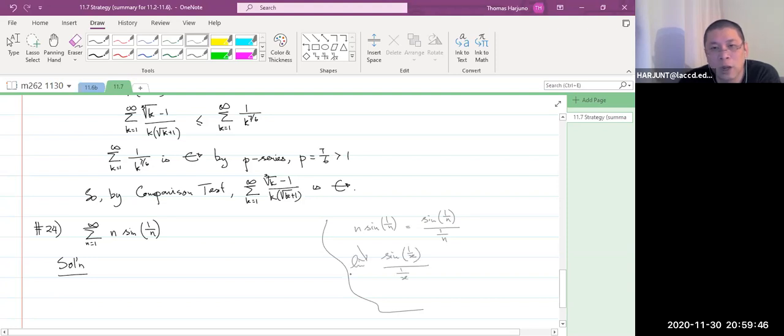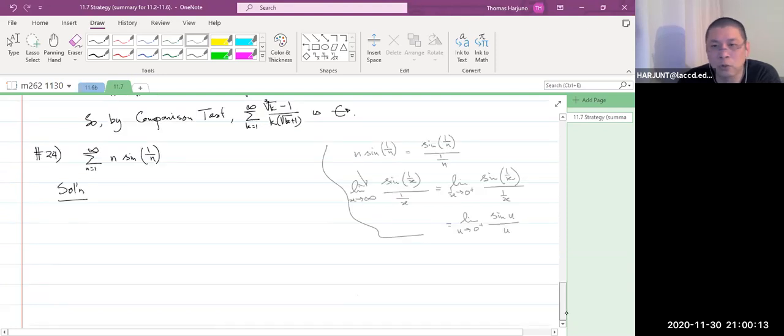Now that's for x goes to infinity, right? But when x goes to infinity, then 1 over x goes to what? Goes to 0 positive. Let's call that u goes to 0 positive of sine u over u. Okay, you can use L'Hopital's rule, but I think from here, just remember the definition from calculus 1, this equals 1. Right?